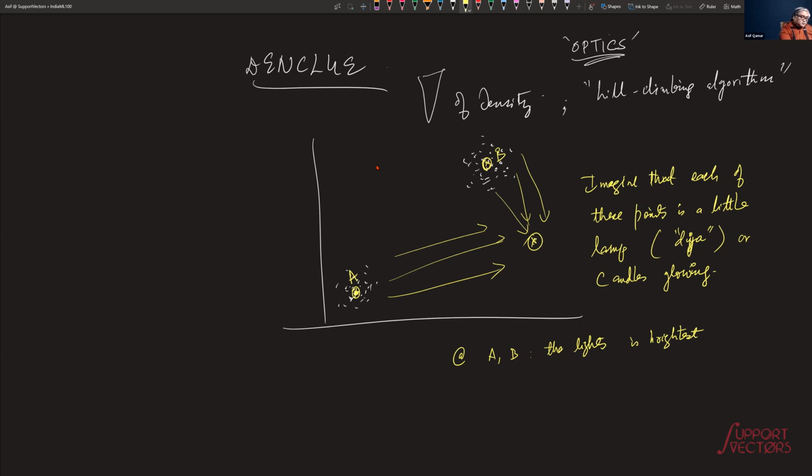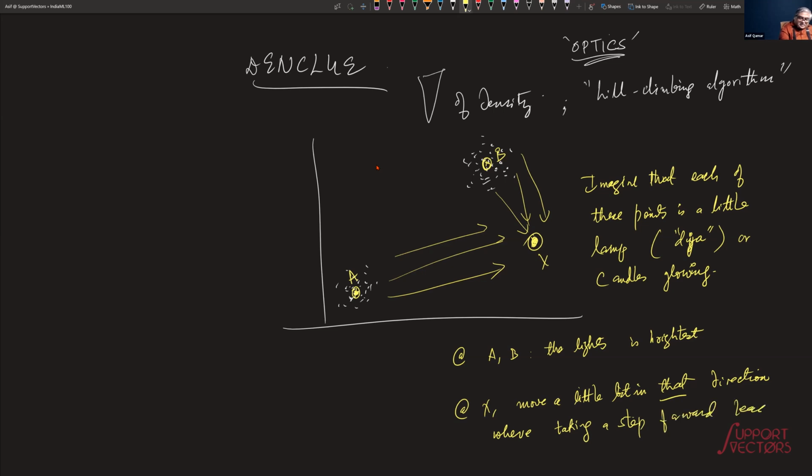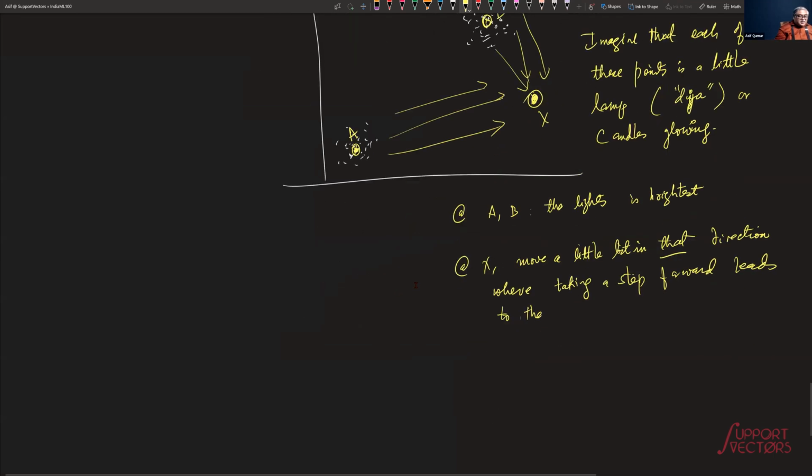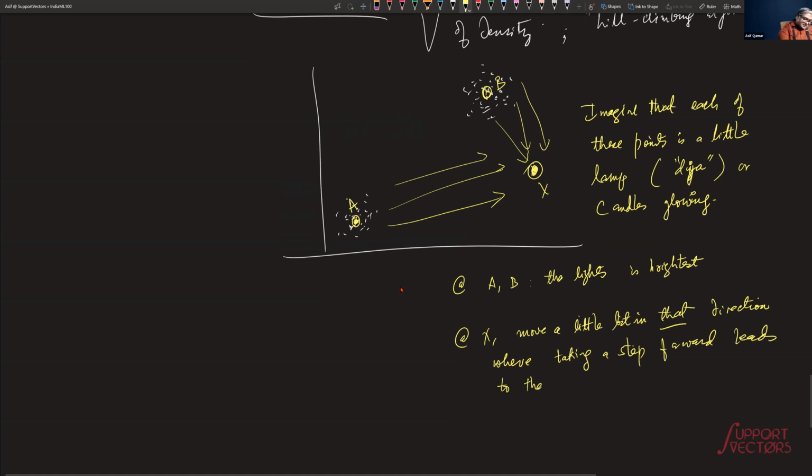So now what happens at this point is you figure out in which direction you should move. So at X, move a little bit in that direction where taking a step forward leads to, and this is the crucial word, leads to the greatest increase in light.